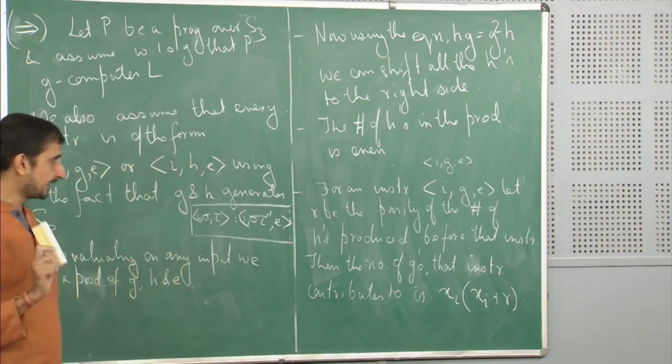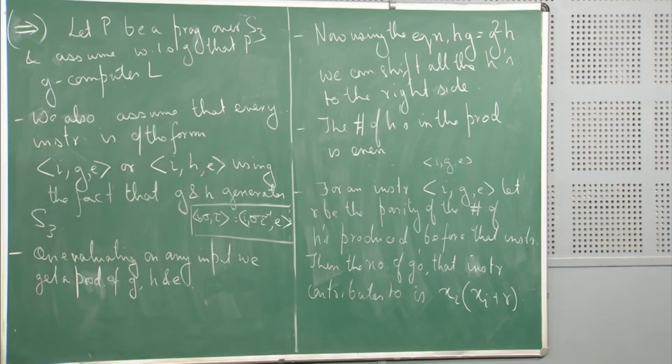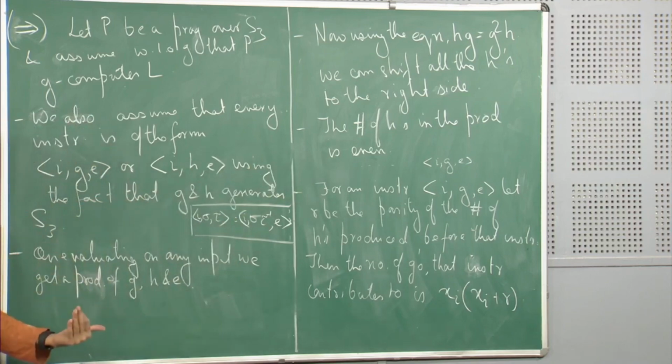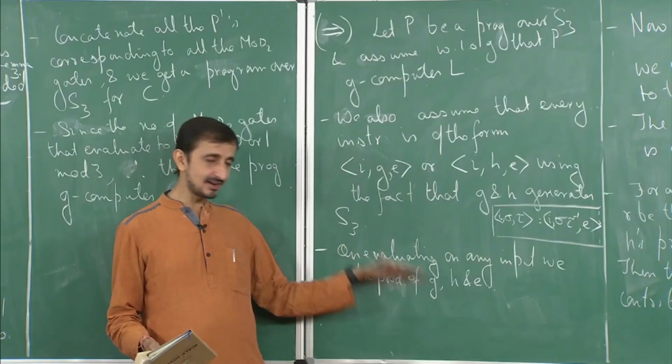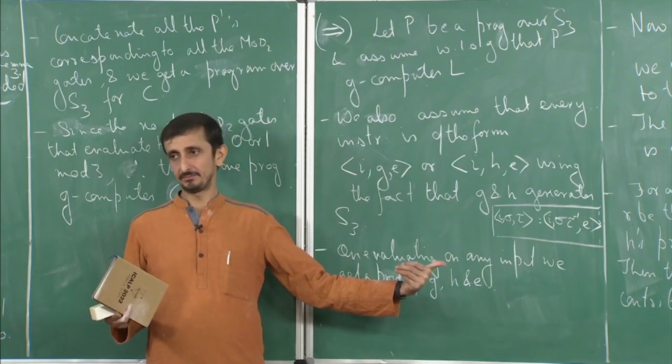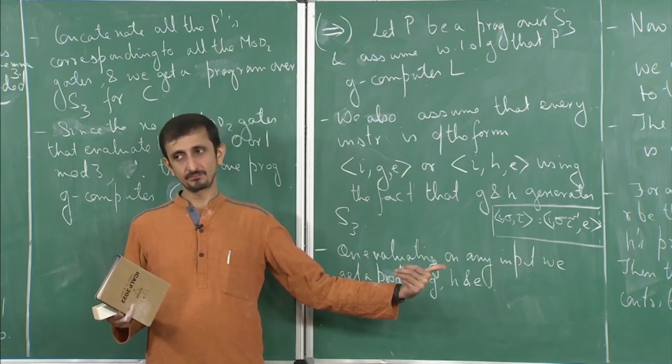Let me clarify this, as it is a very important point. Actually, whatever I have said from here till here, we actually don't do it. This part is just to analyze the fact that all the H's cancel out in the end. But how are we combining the H's?